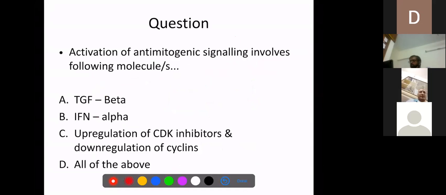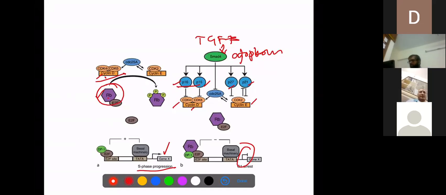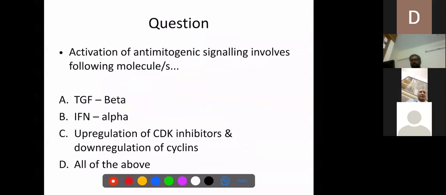Activation of anti-mitogenic signaling involves the following molecules. Molecule or molecules? Anyone can answer? Oh, excellent. That is D. So I told you TGF beta, by certain processes, inhibits cyclin D, so the cell cycle process is inhibited.